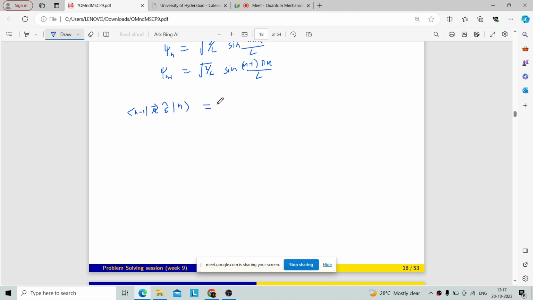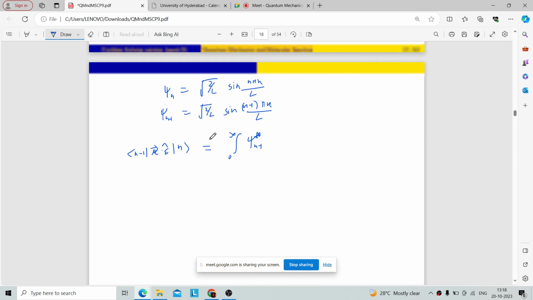I can write this as the integral from 0 to L of psi n minus 1 star, then mu times epsilon.